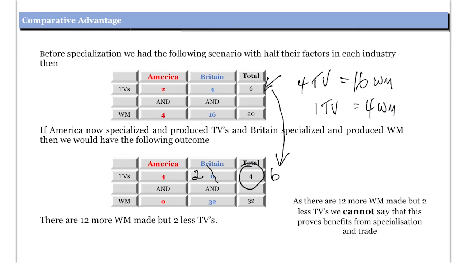So if they still produce 2 televisions, they're giving up 8 washing machines, 2 TV, 8 washing machines, and so instead of producing 32 washing machines, they're going to produce 32 minus 8, which is 24 washing machines. So by part specializing, they still end up with 6 televisions, 24 washing machines, and that means they're 4 washing machines up overall, and that is benefits from trade.